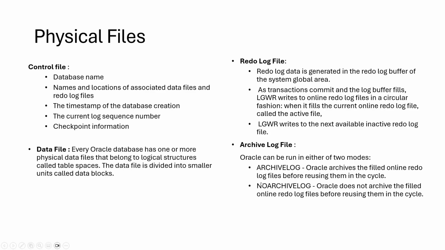Next, archive log files. Oracle can run in either of two modes: archive log mode or no archive log mode. As I told you, in archive log mode Oracle archives the filled online redo log files before reusing them in the cycle. In no archive log mode, Oracle does not archive the filled online redo log files before reusing them, so it reuses the redo log files again and again and does not back up those changes to archive log files.